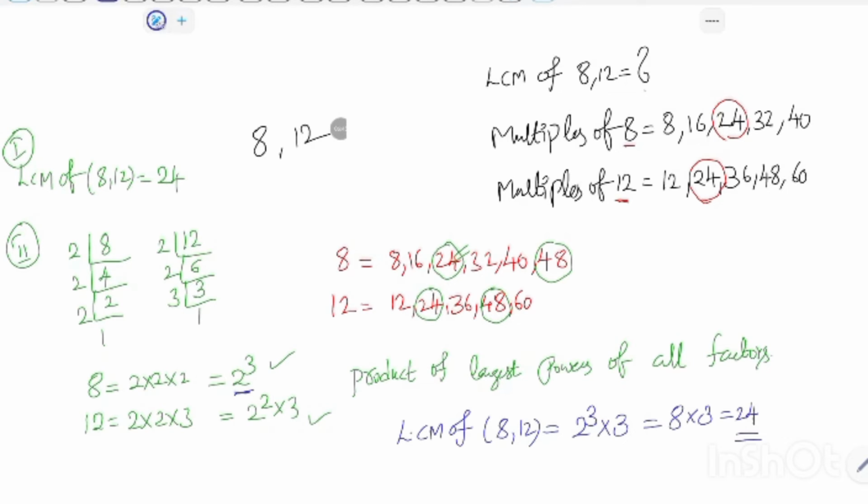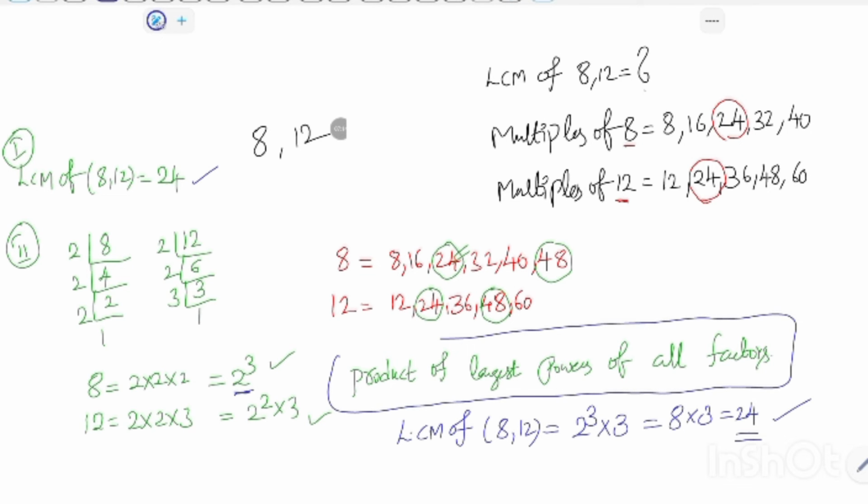Using the first method I got 24, and using the second method I got 24. In the first method we wrote all the multiples of 8 and 12 and selected common multiples. Out of those, we selected the least one. In the second method, we expressed each number as a product of its prime factors, and took the product of largest powers of all factors to get the LCM.